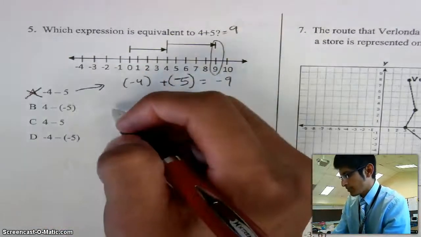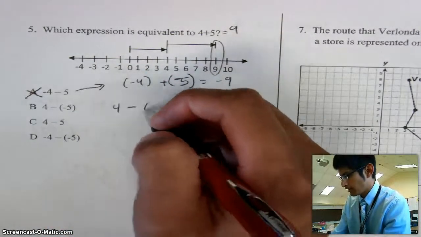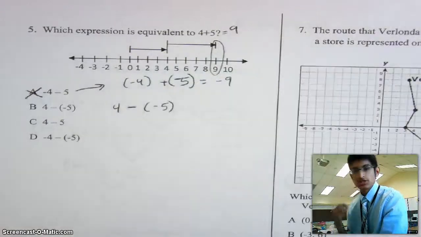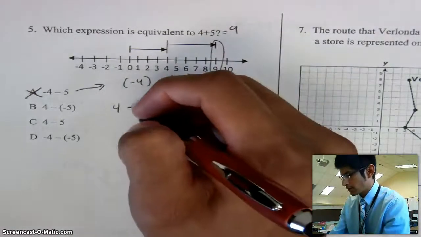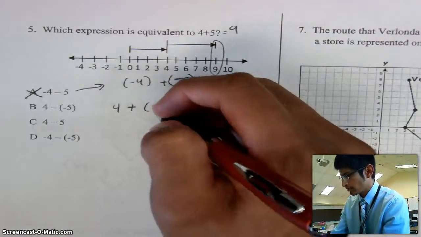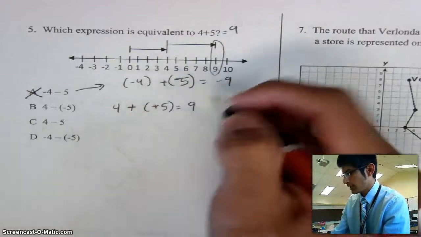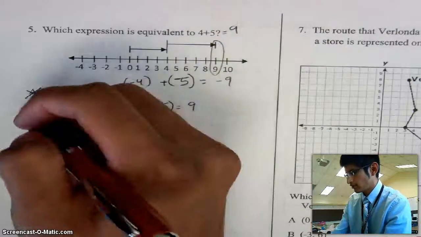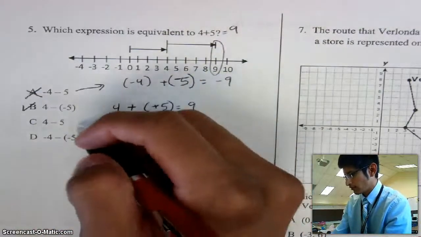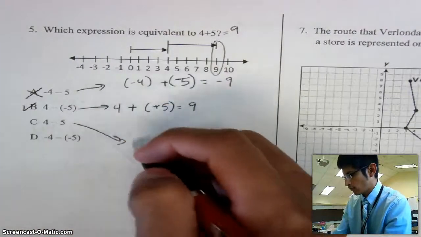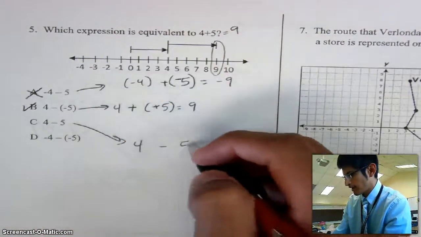On B, I have positive 4 minus negative 5. I change this to an addition problem, put a line going down, turn the second number around. I have 4 plus 5, and that equals 9, which is what I want. So that one looks good. Next, I have 4 minus positive 5.